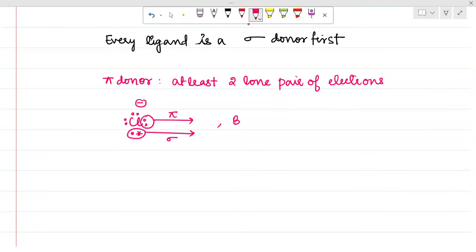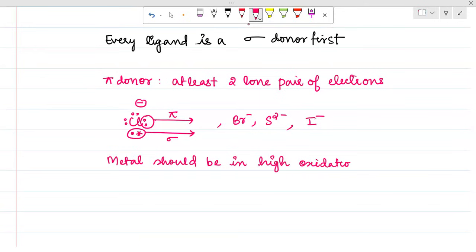Whatever ligand you take must have at least two lone pairs. Let it be chloride, bromide, sulfide, iodide. You got the point, right? So all of these are pi donors. If you want to see pi donors, they are at the left end of the series. Generally, those are the weak ligands. If you need a pi donor, your metal should be in a high oxidation state.